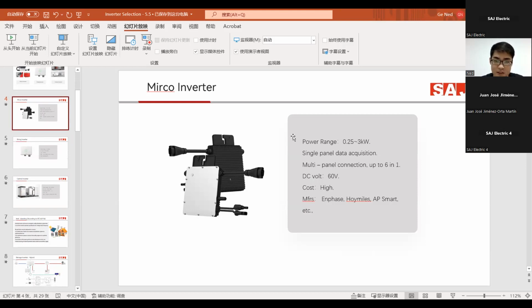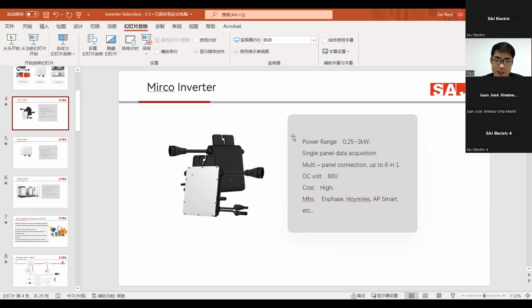As you can see here, the DC voltage of a micro inverter is 60 volts, so it is safe compared to the other two inverters, but the cost is high.